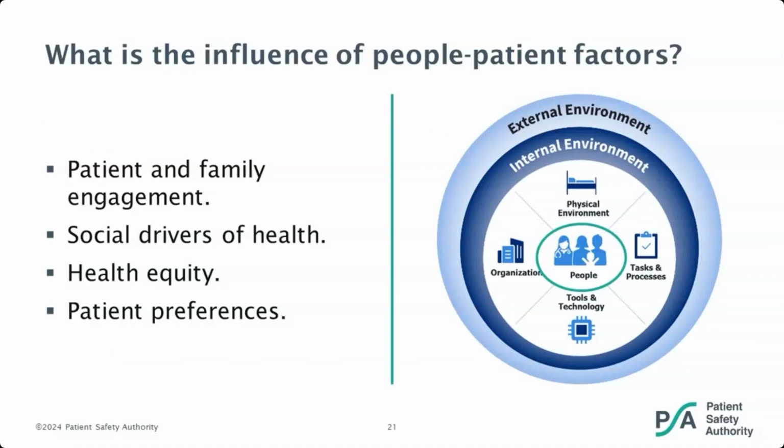So the last piece of this is thinking about people and patient factors. And I'm sure we've all been talking a lot about patient and family engagement, and the incorporation of patients and families into patient safety can be difficult, but is definitely necessary. So when we're talking about our environmental components, our system components, we have to really think about people patient factors, right?